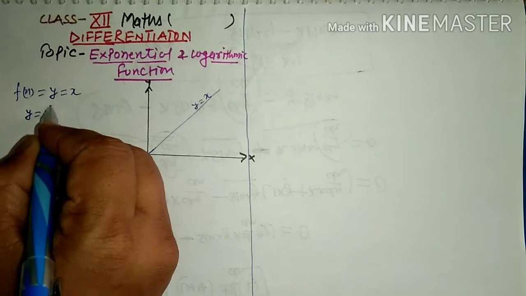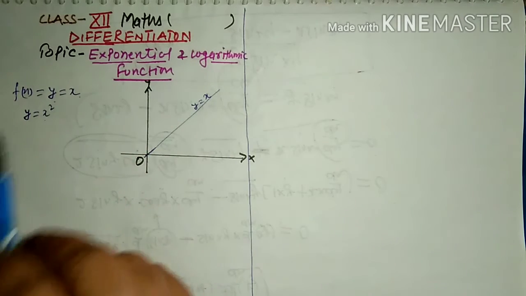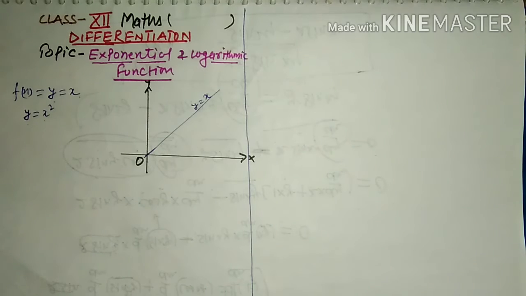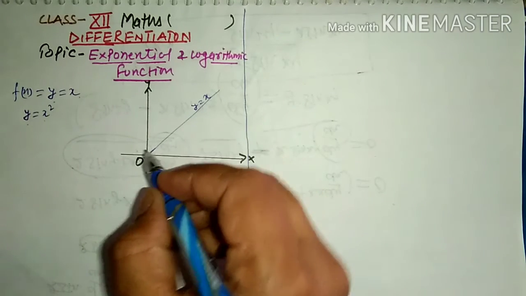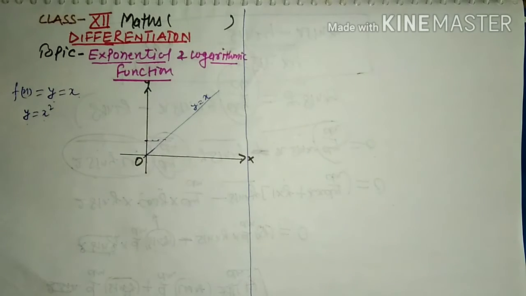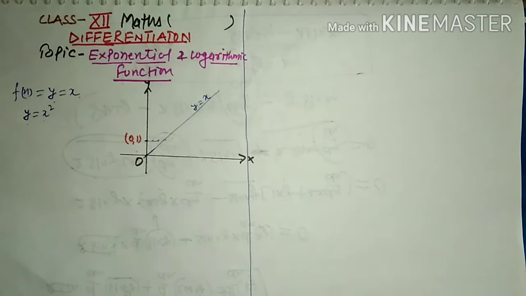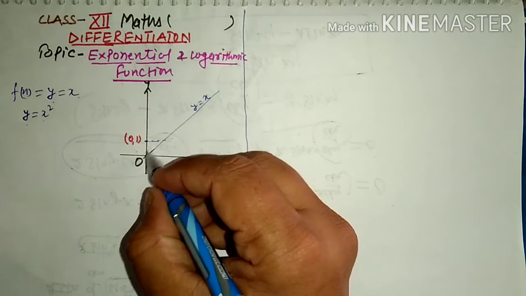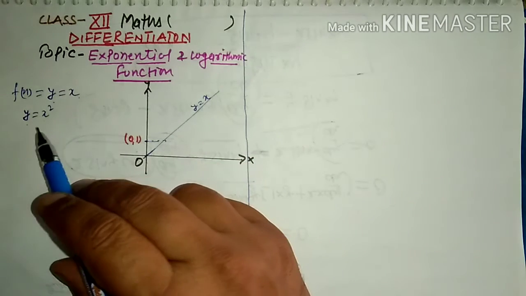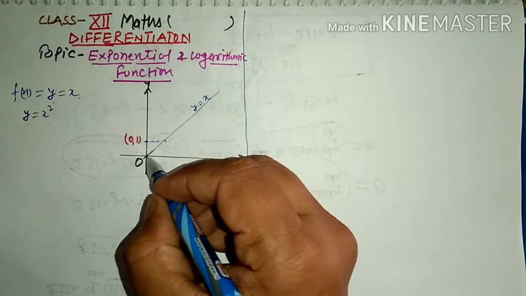Y is equal to x square. In the first case we have y is equal to x. Now I will change it, y is equal to x square, and observe this. Suppose that this point is 0, 1. Clear? So at point 1, when I put x is equal to 1, we get y is equal to 1.